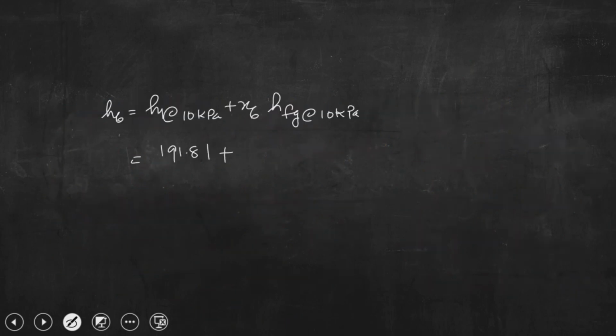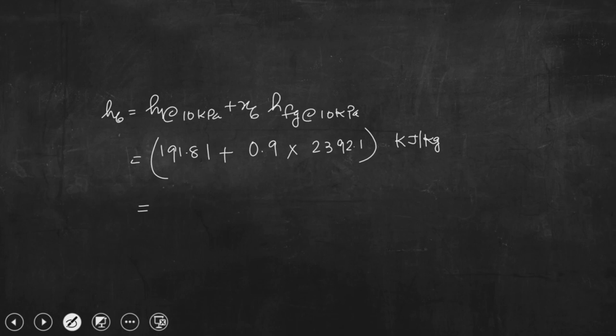So, let me write here, and this is 0.9 into 2392.1. So, this quantity is in kilojoule per kg. It is very important to mention here that you should always write the unit of all these quantities.